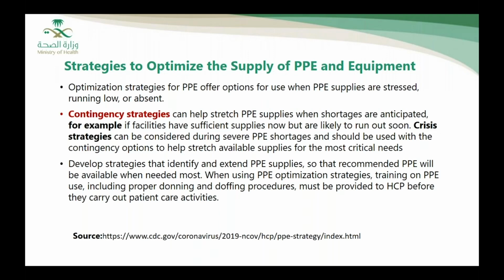Develop strategies that identify and extend the PPE supplies so that recommended PPE will be available when needed. When using PPE optimization strategies, training on PPE use, including proper donning and doffing procedure, must be provided to healthcare provider before they carry out patient care activities.